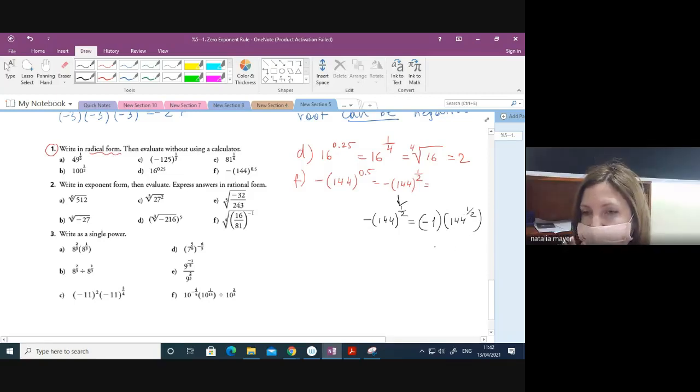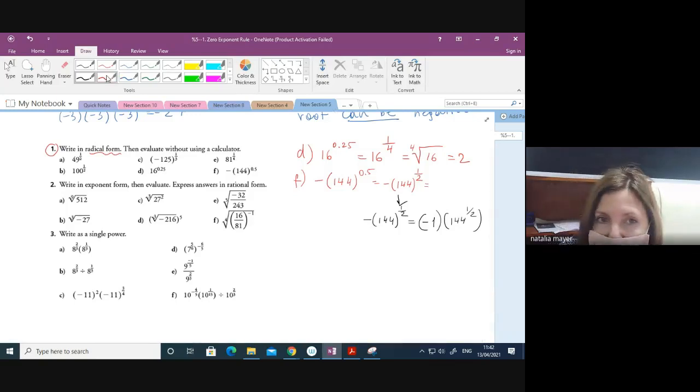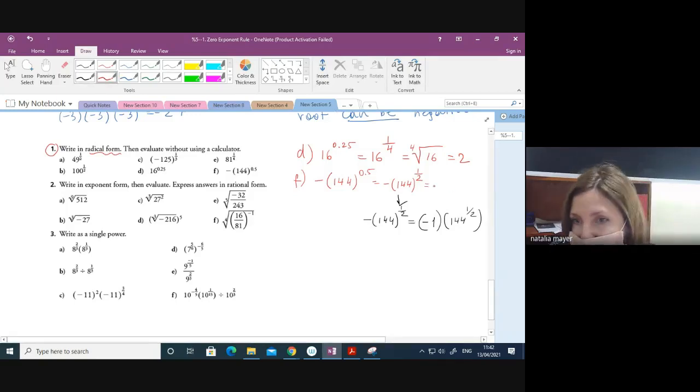No, you're not distributing anything. I want you to understand that this -1 is a factor in the product which is independent and has got nothing to do with the second part. So when I'm doing the radical form, the minus comes first and it's alone. It's not related to what's going to happen after. And now I'm going to write the radical.